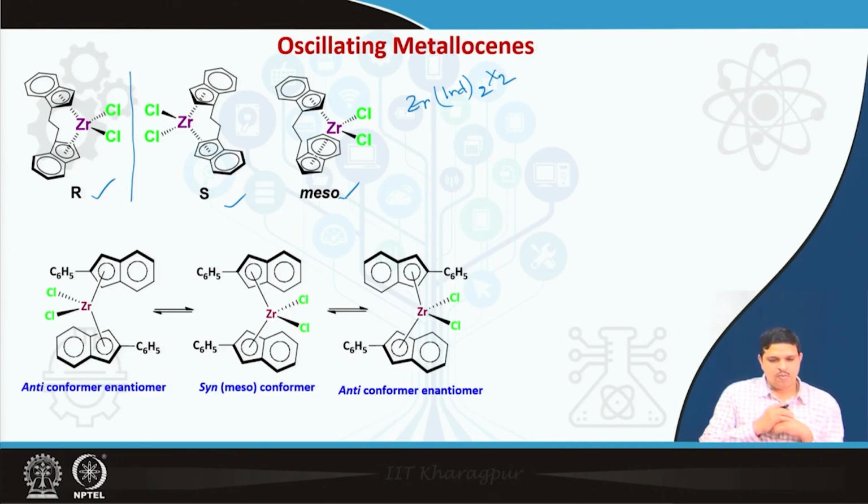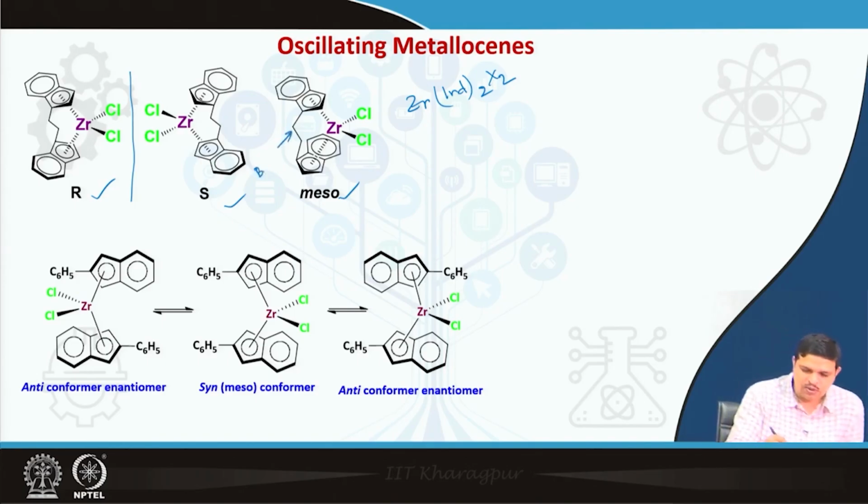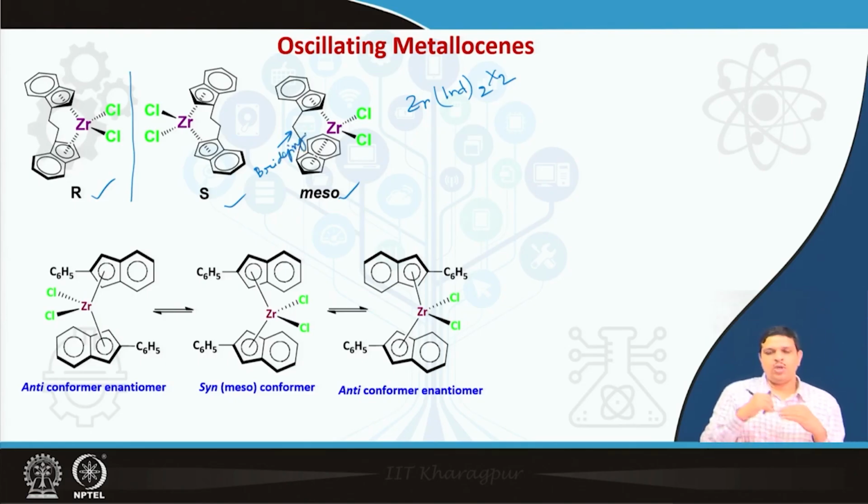However, it is very difficult to control the tacticity using this kind of ligands if you don't have the bridging unit. In this case, it is easy because, you see, this is the bridging. That means there is some restriction in the rotation.